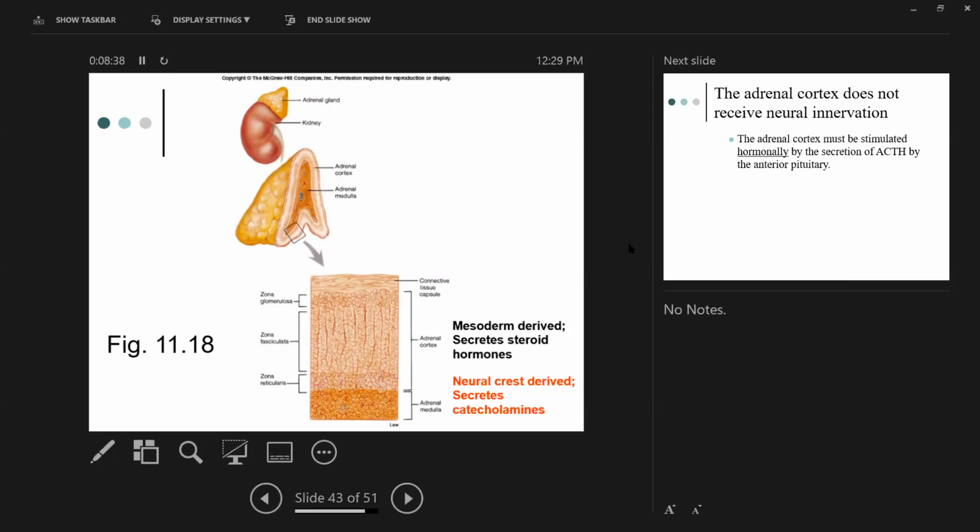Let's just say CD, that's not compact disc, that's cholesterol desmolase, converts it to pregnenolone. Now, why is this significant? It's significant because this is the precursor for all the adrenal hormones. This is activated by ACTH. So ACTH does a lot of things in the adrenal cortex. Stimulates uptake of cholesterol, stimulates cholesterol desmolase.